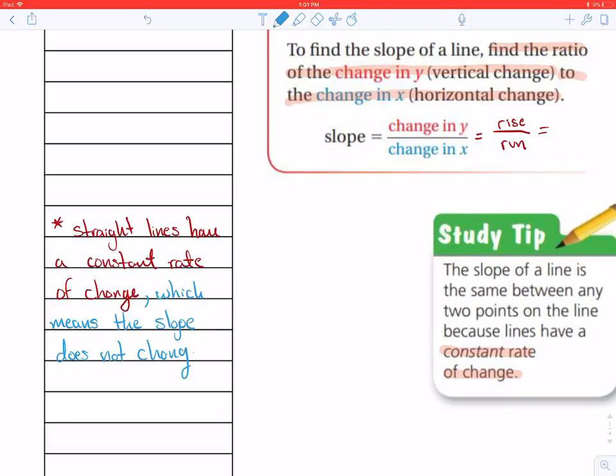So if it has a constant rate of change, that means that the slope itself is not going to change.